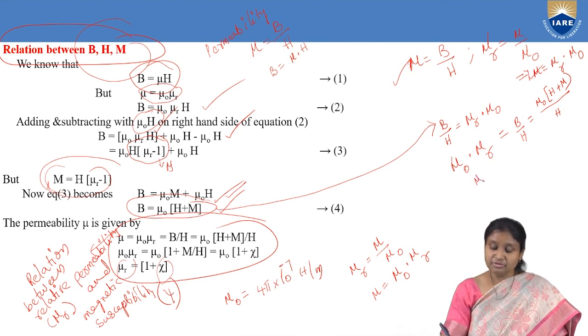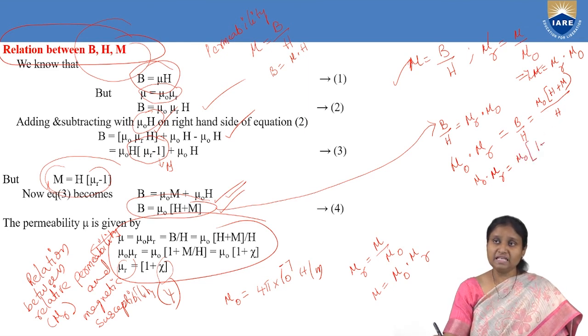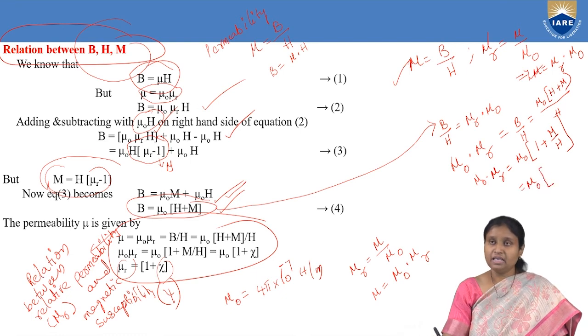Now if we try to simplify it, mu naught into mu R comes out to be mu naught into, if I take H inside, H by H will become 1 plus M by H. So we'll get M by H. The ratio of intensity of magnetization to the magnetizing field is given by susceptibility chi, which has no units, because what is the unit for intensity of magnetization?